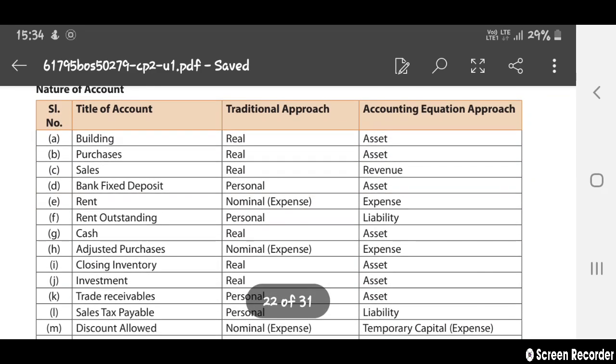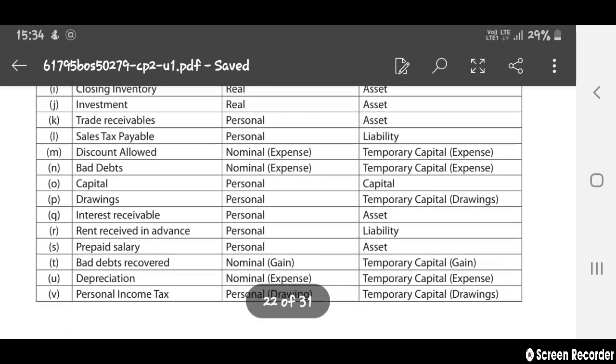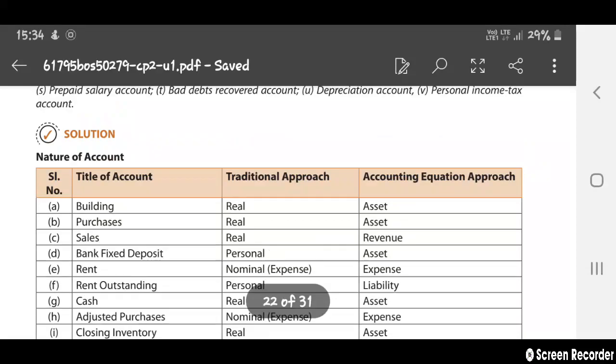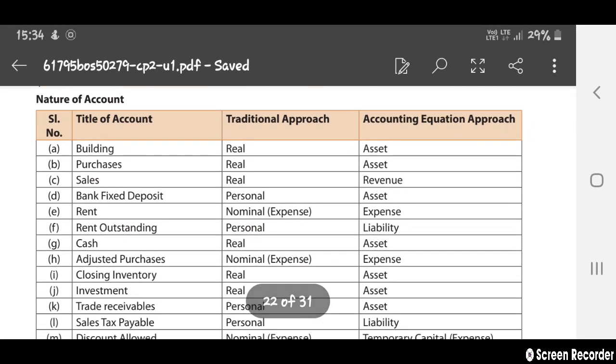Now, building. Building is a real account, so it comes under the traditional approach. In the traditional approach it comes under real, and in the accounting equation approach it comes under asset.